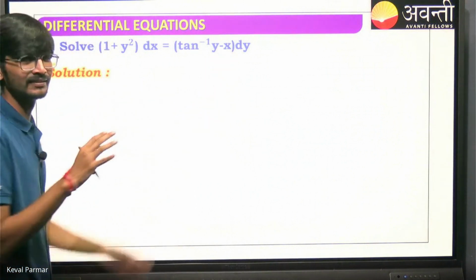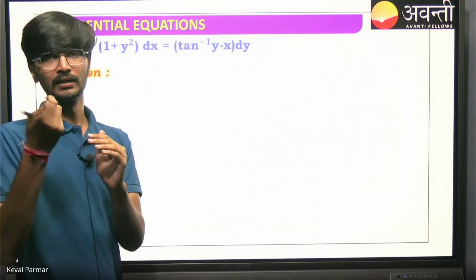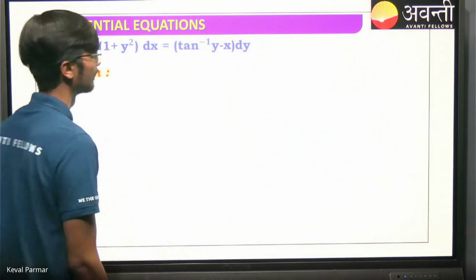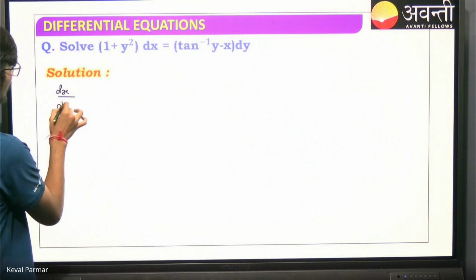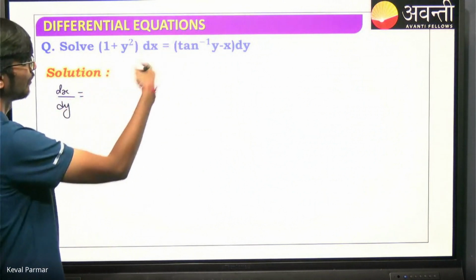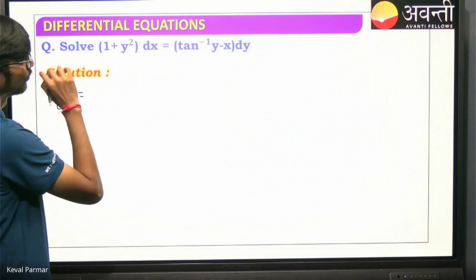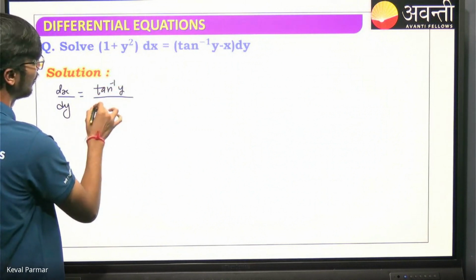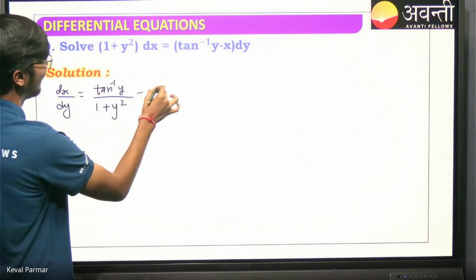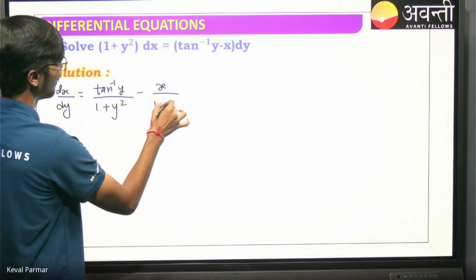So this means this is basically the other format, the dx upon dy one. So I'll convert it into dx upon dy. What will I get? Dx upon dy is tan inverse of y upon 1 plus y square minus x upon 1 plus y square.